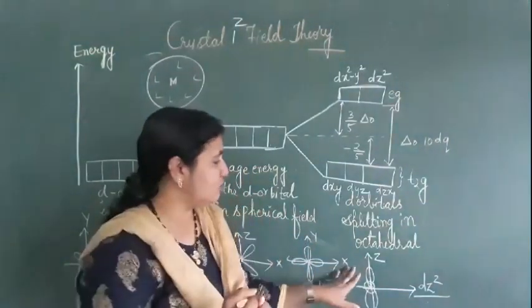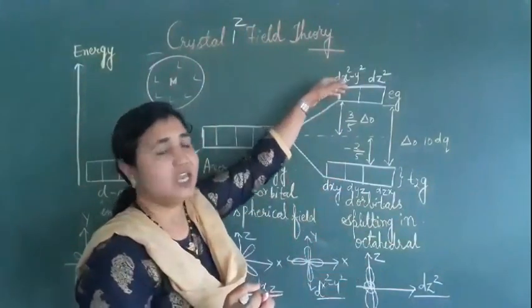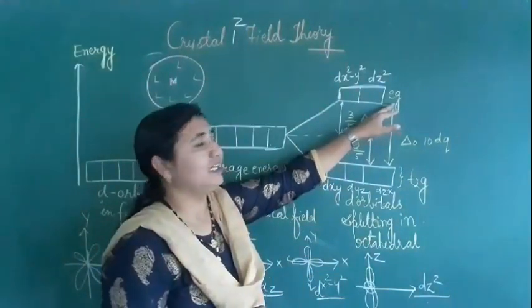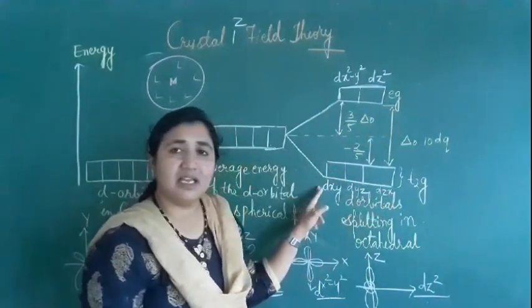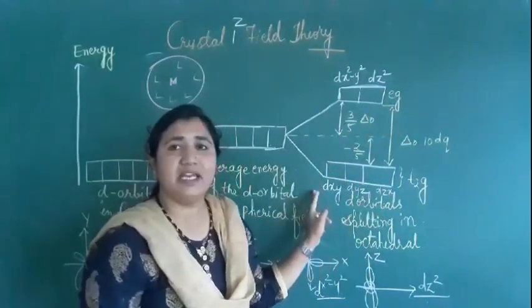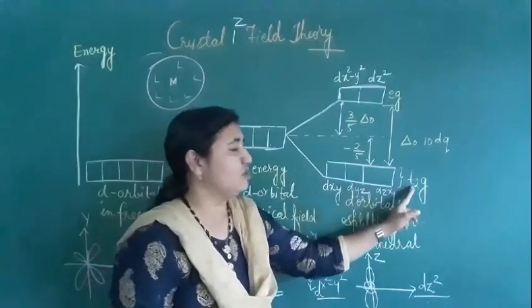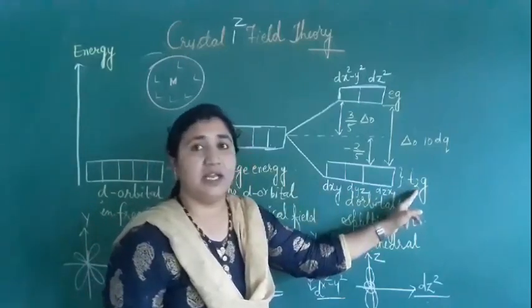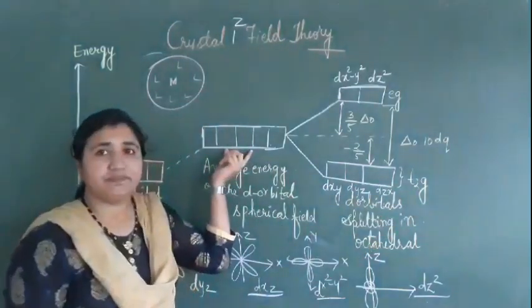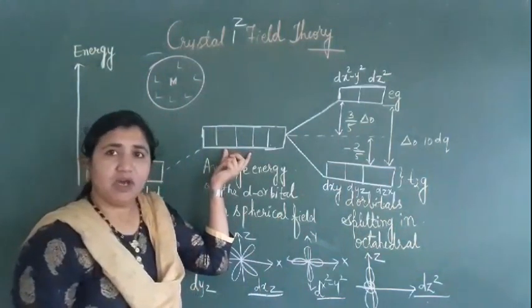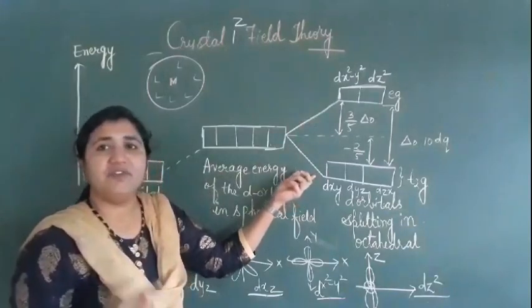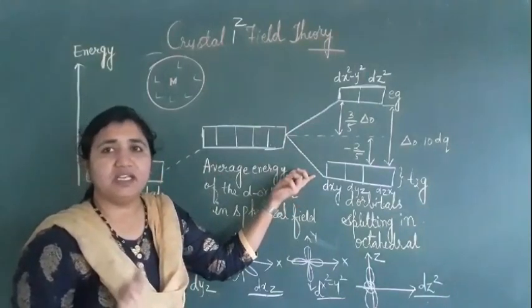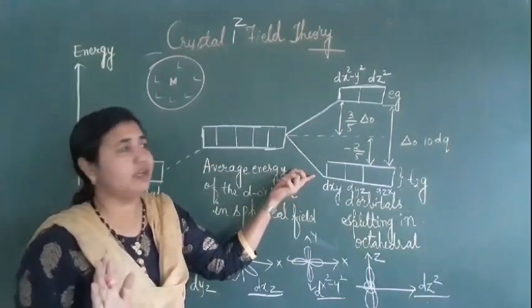Due to that these two orbitals will have high energy, that is called the EG set, and the three orbitals will have less repulsion and their energy is low, that is called the T2G set. So this splitting of degenerate orbitals by the ligand into two sets having different energy is called crystal field splitting. Okay, clear?